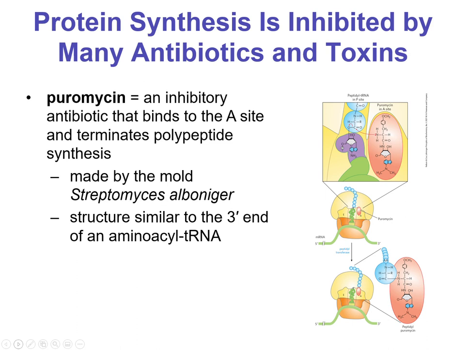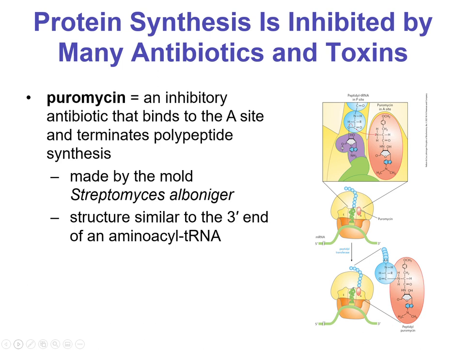There are lots of antibiotics and toxins that inhibit protein synthesis. These can be used as tools in the lab to study protein synthesis, but they can also be quite harmful. Puromycin is an inhibitory antibiotic that binds to the A site and terminates polypeptide synthesis.